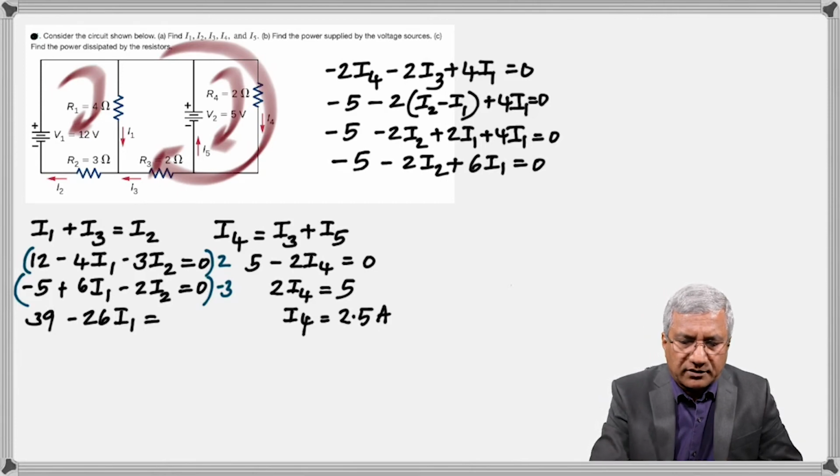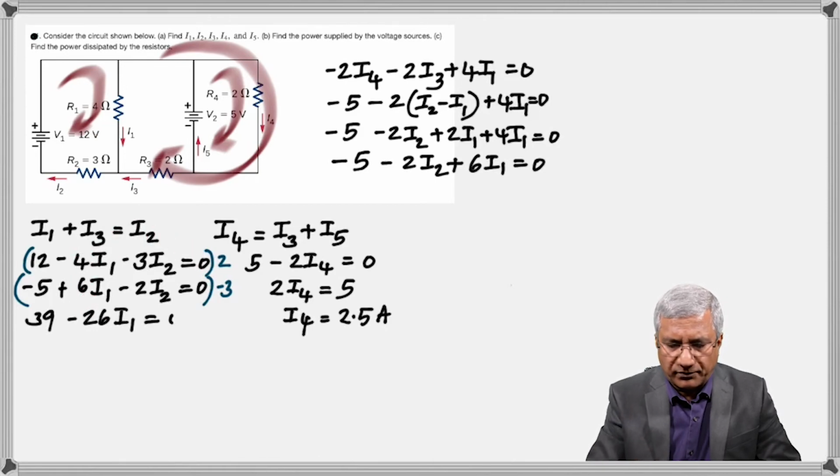But remember that this 12 has to be multiplied with 2, so that's 24. And then this is plus 15. 24 plus 15 is 39. And then here you have -8I1 and -18I1. So that's -26I1.